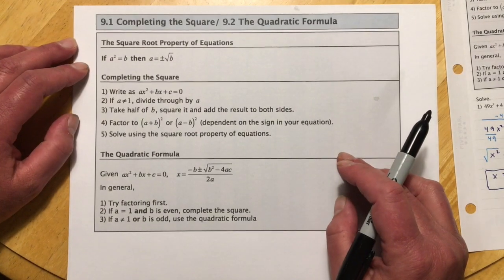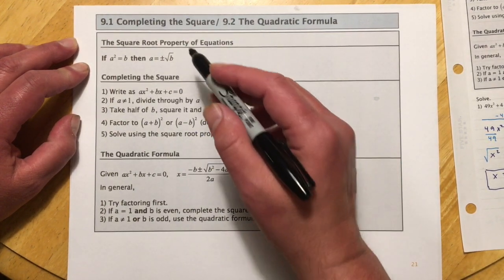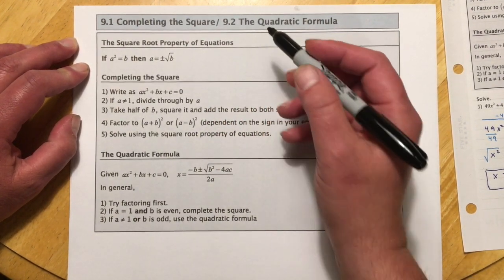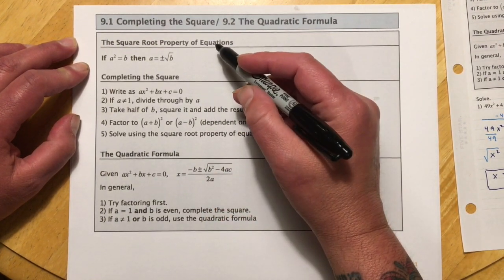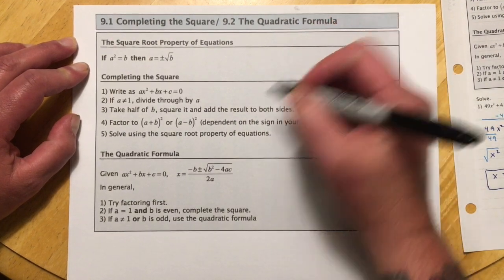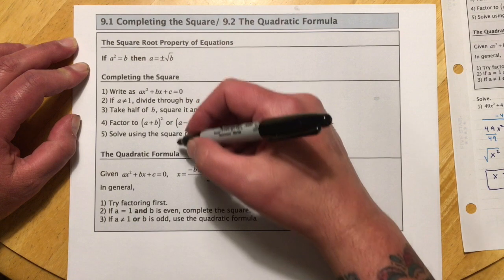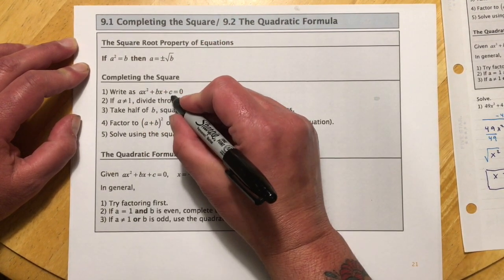Okay, so this is the second half of the review, chapter 9, starting with 9.1 and 9.2, which were completing the square and the quadratic formula. We saw 3 methods of solving in this section. We had the square root property, which was nice when we had a chunk of stuff squared equals a number. We were able to root both sides. Completing the square is good when we have this ax squared plus bx plus c.